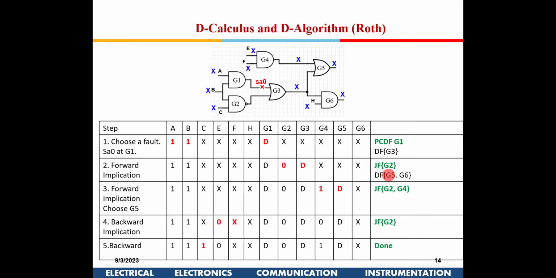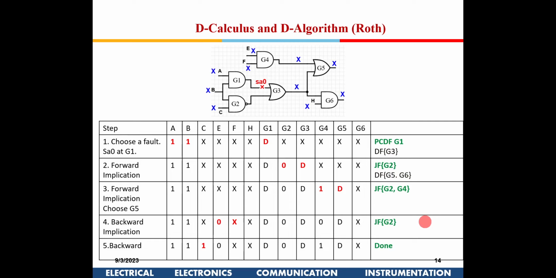Temporarily, we are just pushing it into the J frontier because now we are focusing on pushing the D out to the primary output. But later on, we need to revisit that and clear the J frontier. So now, the first aim is to finish all the D frontier work.